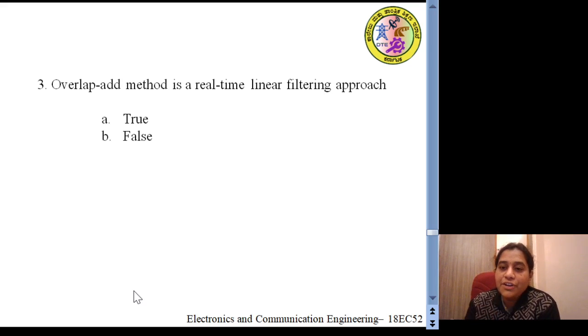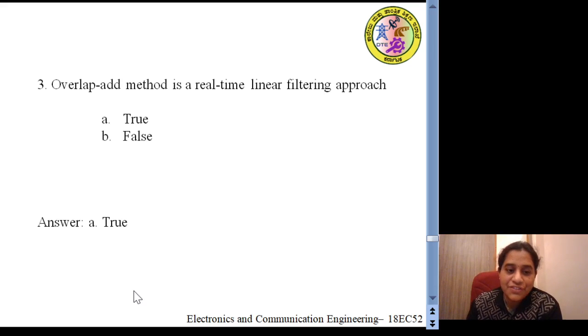It is a hurdle to use FFT techniques for finding this linearly filtered output. Instead, we make use of the segmentation method or block convolution method for finding the linear filtering for real time. Right? So our overlap add method is obviously a real-time linear filtering approach. So it is true. The answer is option A.